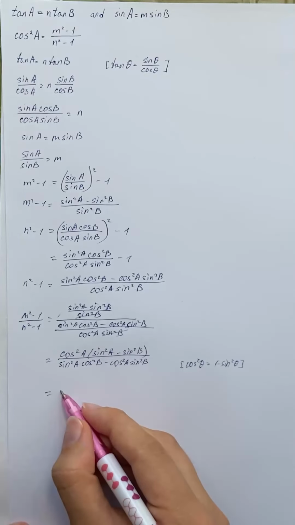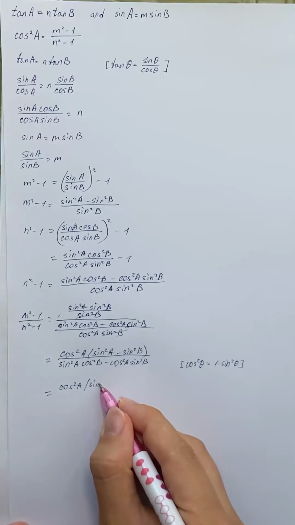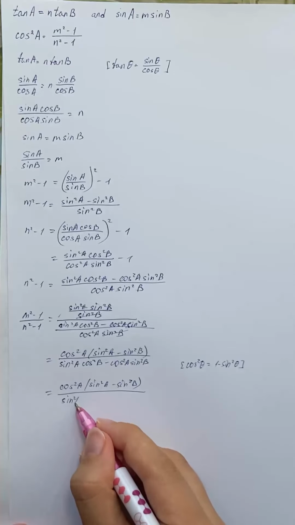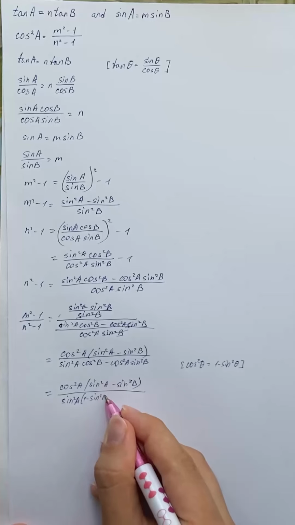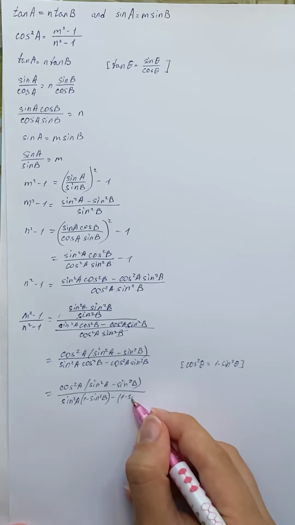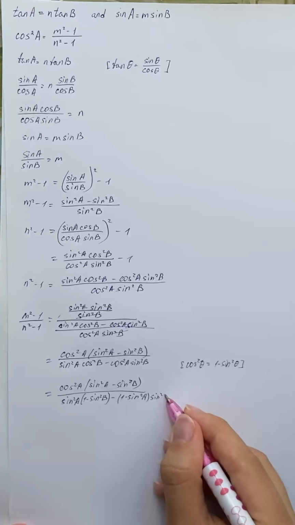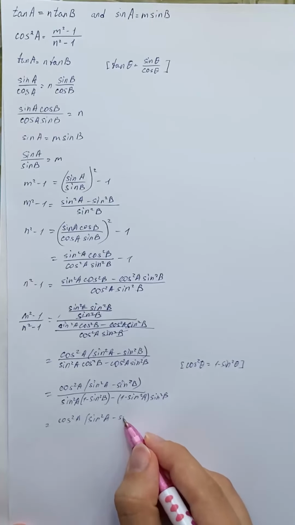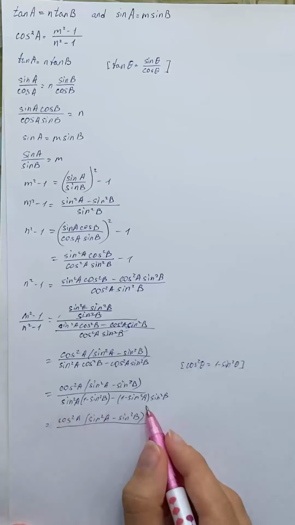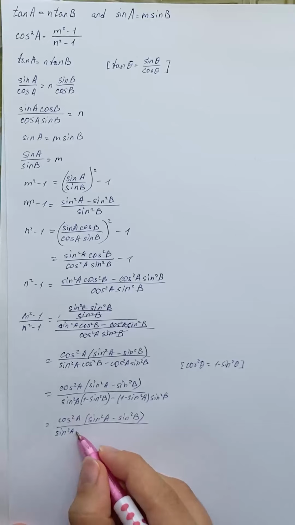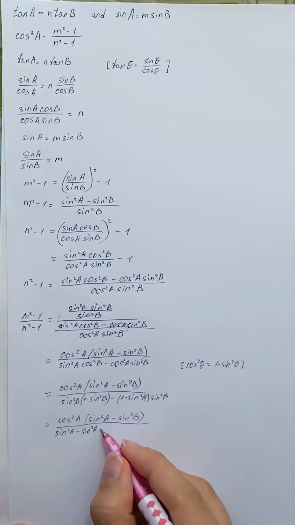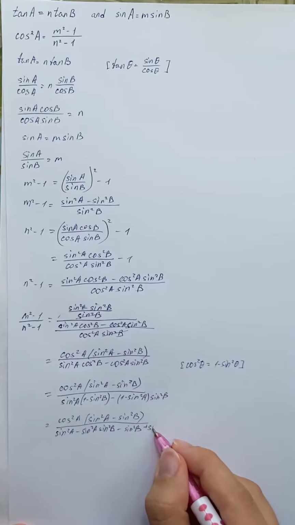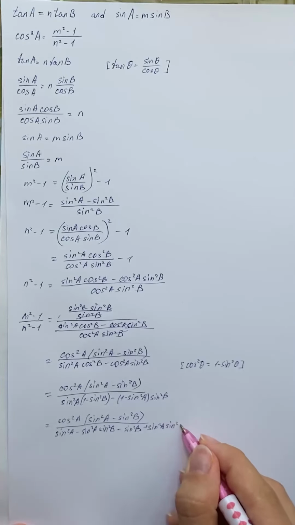So we have in the numerator the same, cosine squared of A times sine squared of A minus sine squared of B. And in the denominator we're going to rewrite cosine squared of B as 1 minus sine squared of B, and cosine squared of A as 1 minus sine squared of A. And now we have cosine squared of A times sine squared of A minus sine squared of B, and over, we're going to expand brackets and get sine squared of A minus sine squared of A times sine squared of B, minus sine squared of B, and plus sine squared of A times sine squared of B.